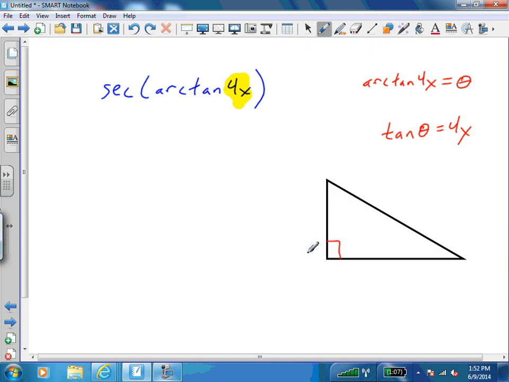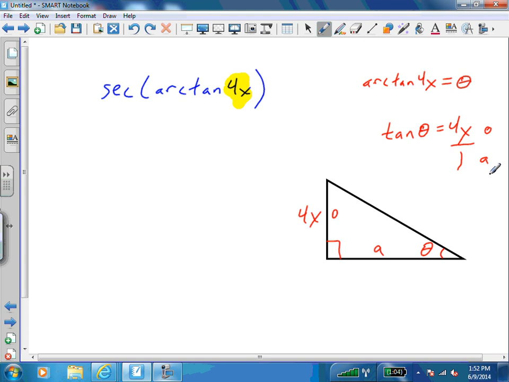We originally defined tangent in terms of a right triangle. If we call this theta, by definition, tangent is opposite over adjacent. How do I write this as a fraction? Four x over 1. So if I call this angle theta, opposite of theta, I could call 4x.